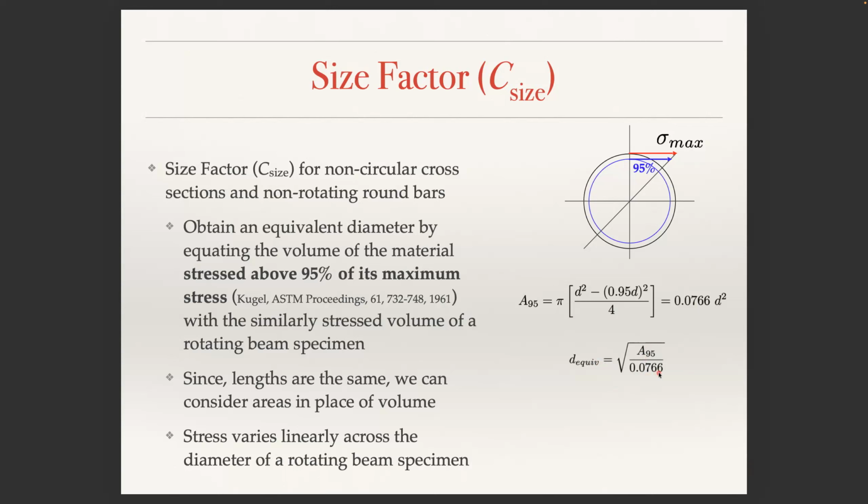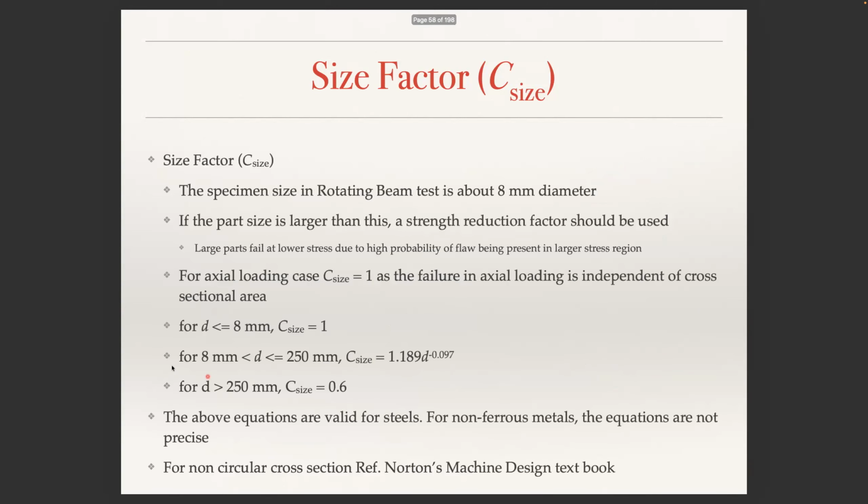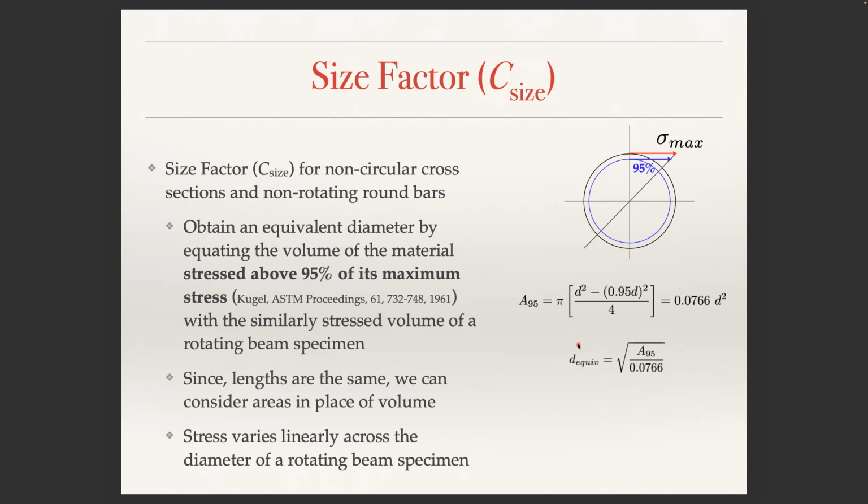Suppose you have a non-circular cross section, all that you need to do is find the area that is experiencing greater than 95% of the maximum stress, and substitute that area here, then you get an equivalent D. If this D equivalent is greater than 8 mm, then you will use this formula. Is that clear?